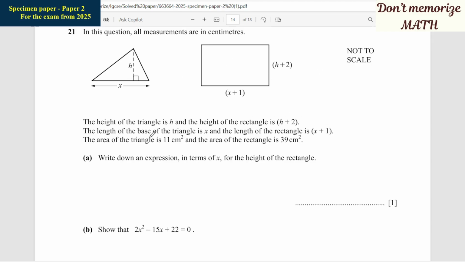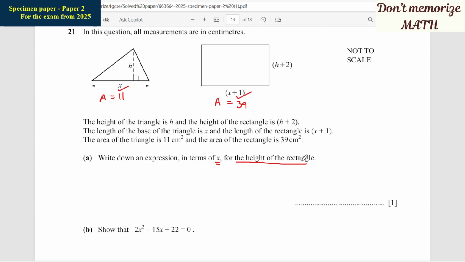The length of the base of the triangle is x and the length of the base of the rectangle is x plus 1. The area of the triangle is 11 centimeter square. Here the area is 39 centimeter square.